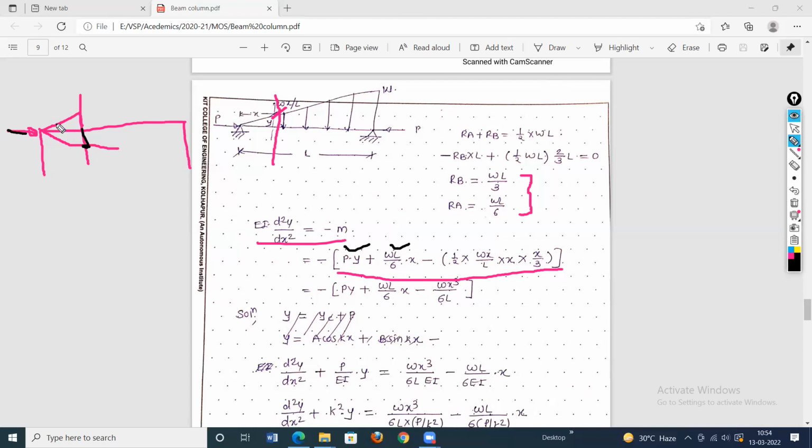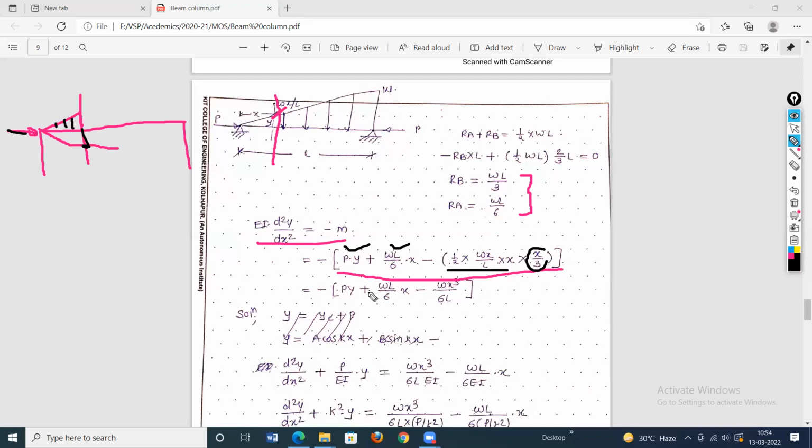Next, minus the bending moment due to the uniformly varying load within this portion. It will be anti-clockwise, so it will be minus 1/2 into height, which is the area of the triangle, into the centroid distance. The centroid distance will be X by 3, and this is the area of the triangle.